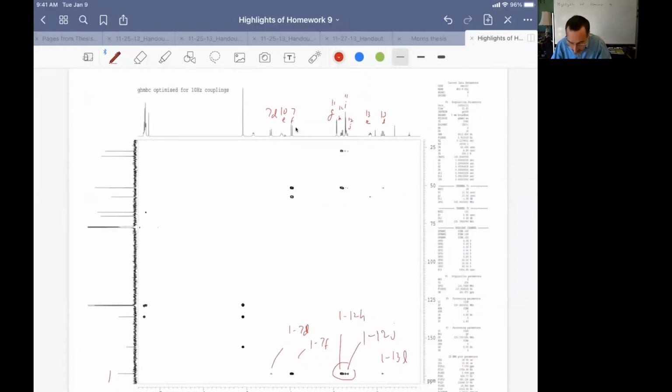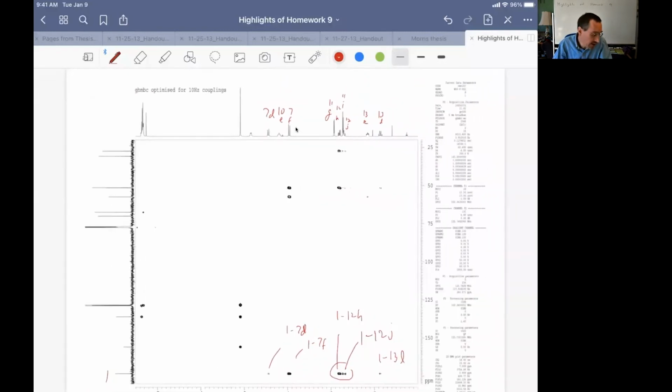And so you can see here that 7F is crossing with carbon number 9, right? This is 9. 10 and 11 are too close to call. We can do some pretty nice things by increasing our digital resolution in the F1 dimension.